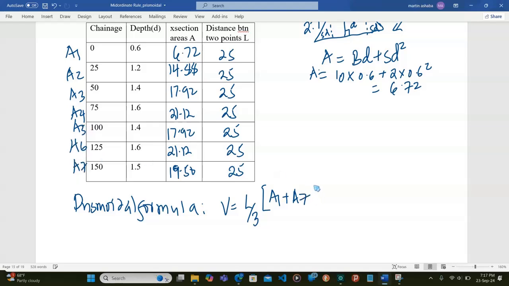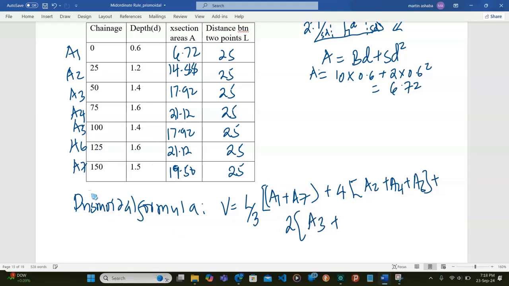So we'll be having A1 plus A7, plus 4 into the even area sections, so the even ones we mean A2, A4 plus A6. Then plus 2 into the odd ones, the odd ones we have A3 plus A5.